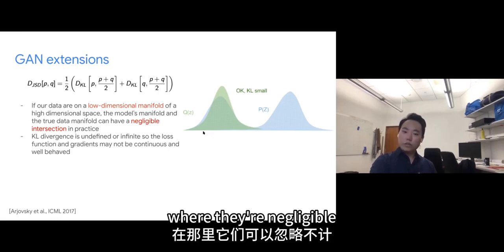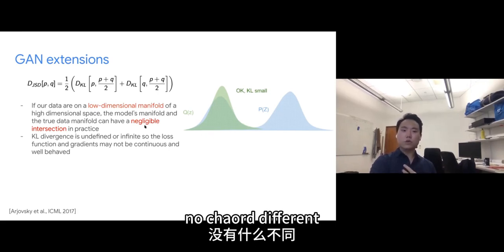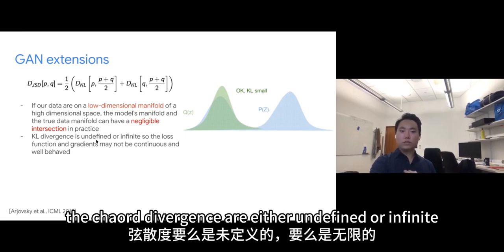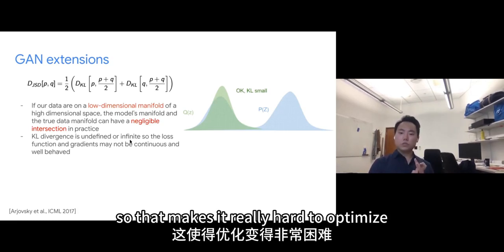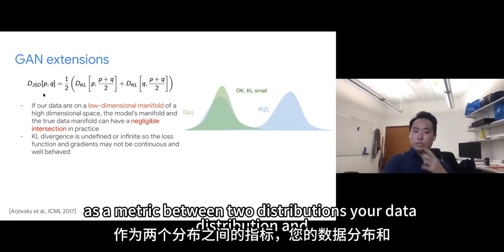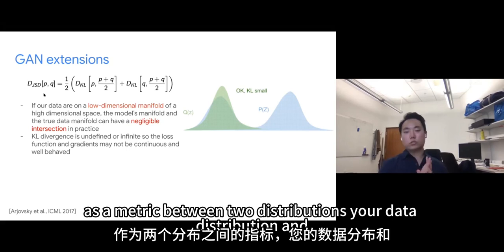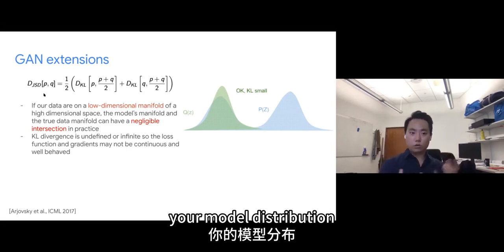And at regions where they're negligible, the KL divergence is either undefined or infinite, or it can even be 0. So that makes it really hard to optimize for Jensen-Shannon divergence as a metric between your data distribution and your model distribution.